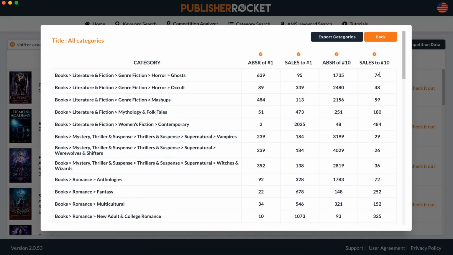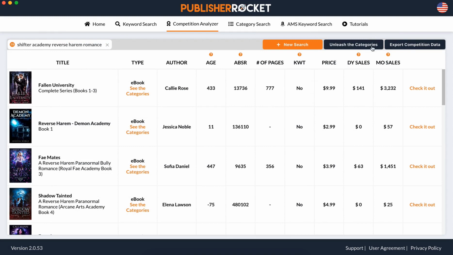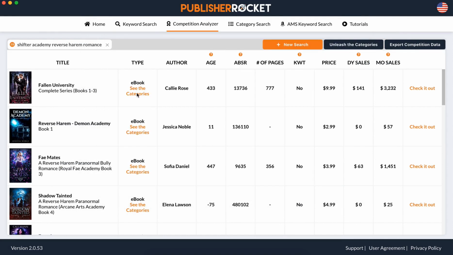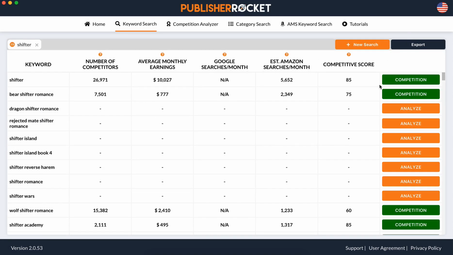Again, keep in mind, these sales figures are approximate, so if you get a lower or higher rank depending on your sales, it's not going to exactly reflect what you see here. So let's go back. You can also export competition data as a competition analyzer. So yeah, you can do that.